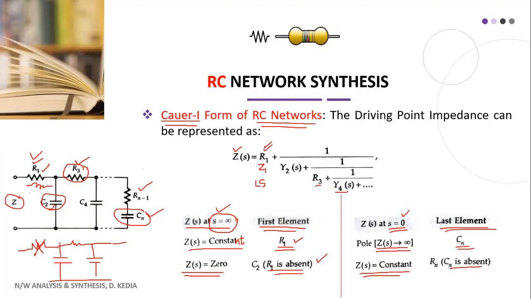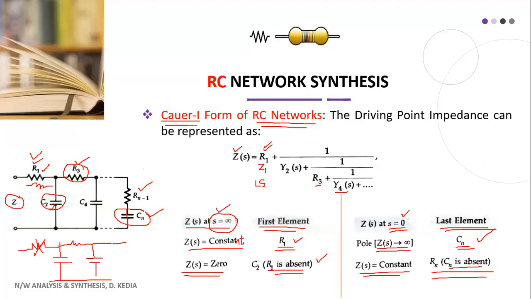The capacitor will be absent, and it will be short like this. Otherwise, both R and C will come. In this case, both Rn minus 1 and Cn will be there. Here, your Cn will be absent. I hope this procedure is clear. Rest of the things will remain the same as we discussed in the previous class. So this was the Cauer 1 form for RC network.